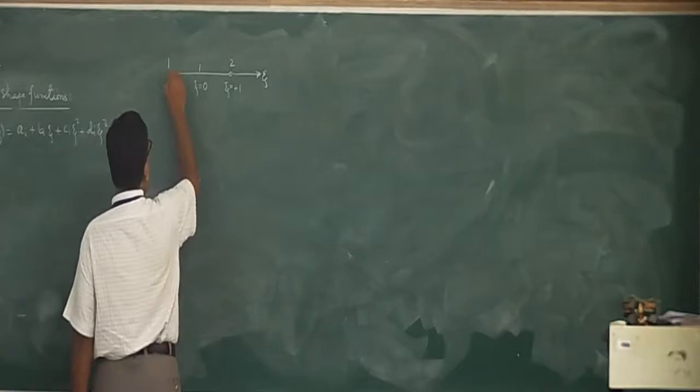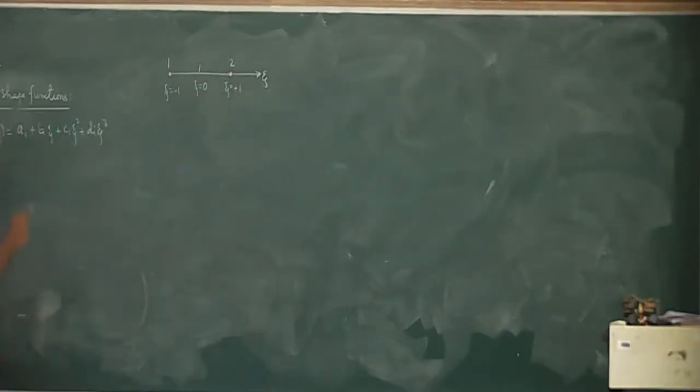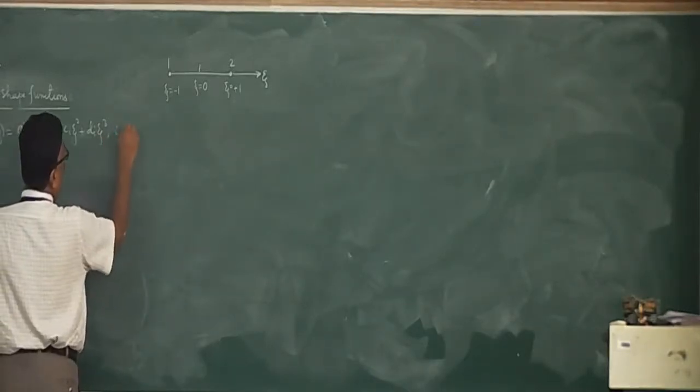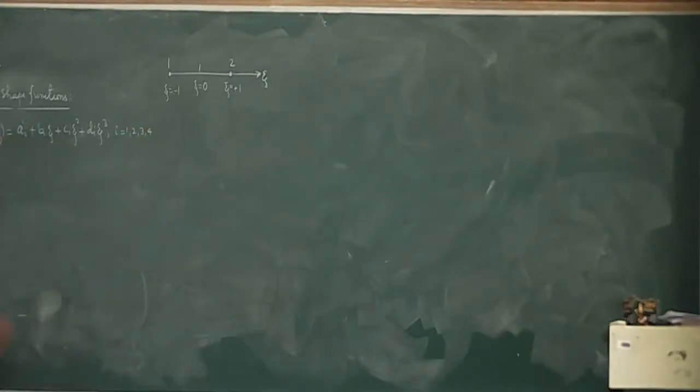Therefore, the shape functions are always defined with respect to zeta equal to -1 and zeta equal to +1. Here i varies from 1, 2, 3, 4, because I need 4 Hermite shape functions, H1, H2, H3, H4.